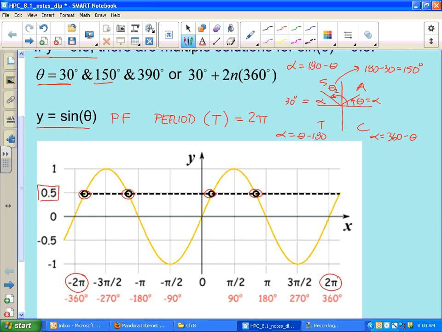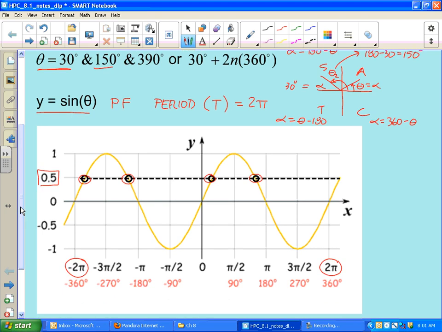But if we go the other way, in the negative world, using a 30-degree reference angle, we also have 2 additional answers for where sine is equal to 1/2.